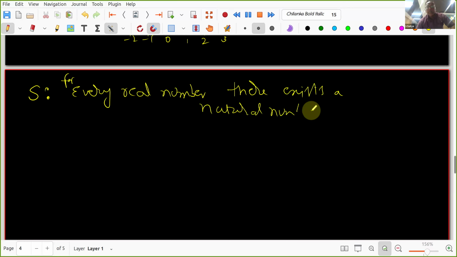Greater than x. For every real number x, there exists a natural number n, I'll write like this, n is greater than x. I'm sorry, not written properly. So you understand that for every real number x, there is a natural number n so that n is greater than x, right?